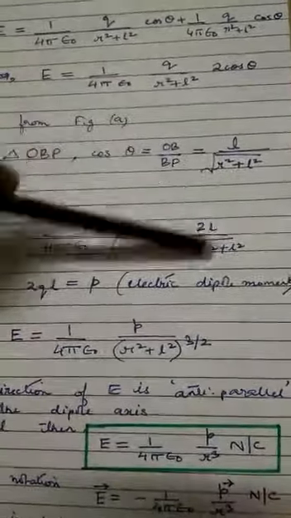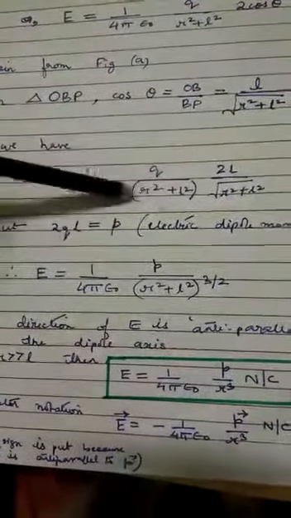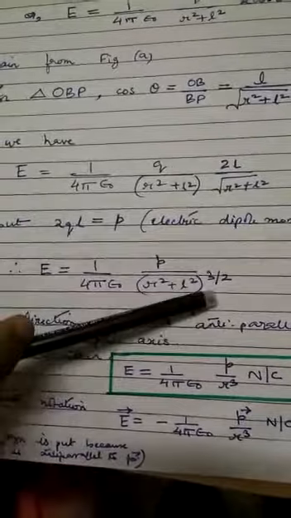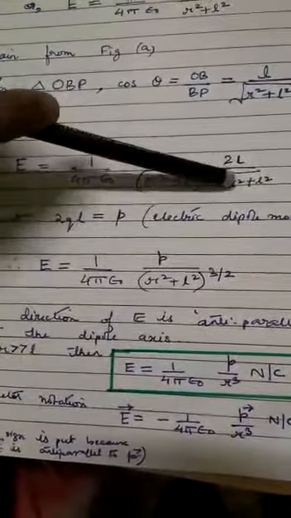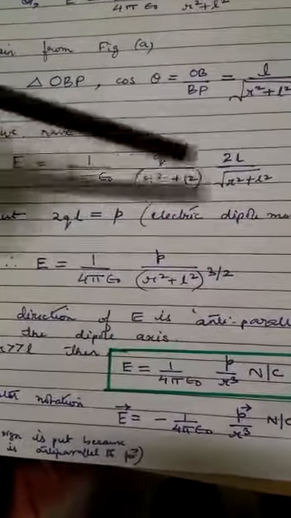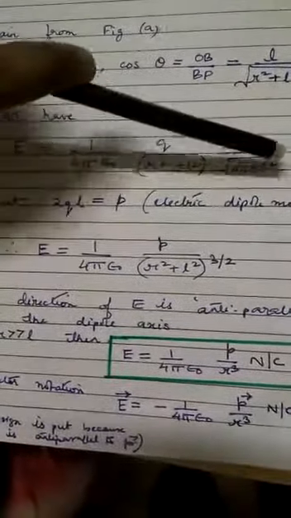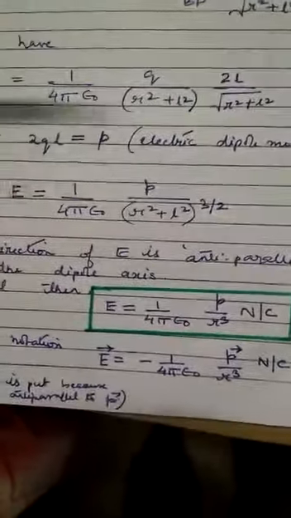But we know that 2qL means q into 2L. What is it? It is the electric dipole moment. So numerator changes to p. Rest of the terms can be brought together, r square plus L square to the power 3 by 2, because this is to the power 1 by 2, this is to the power 1, base is same, so add 1 plus 1 by 2, you will get 3 by 2.